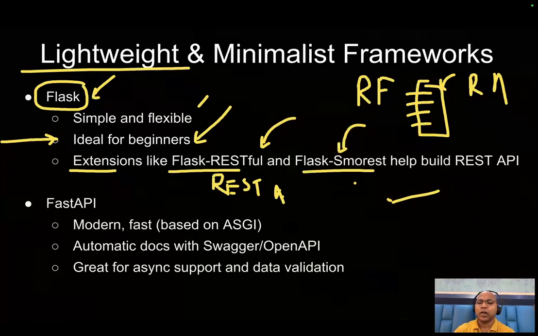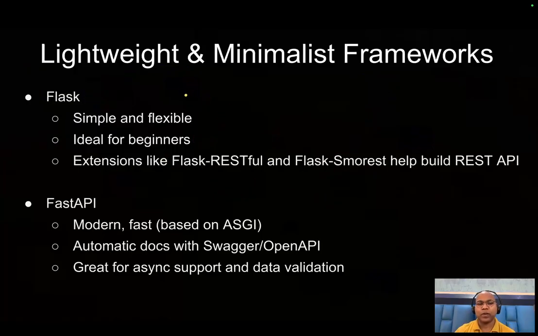Sometimes using the REST API, you can also do some post activity. It's manageable. You can do it. So RESTful means they follow the principles fully. Similarly, Flask-more-REST API. These are all different flavors available. So this is very good for the beginner.